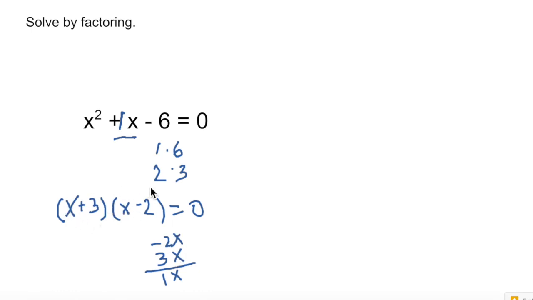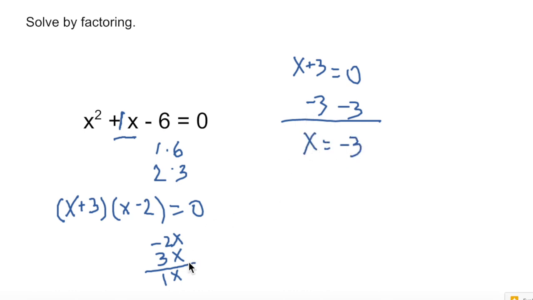So now let's solve for x. We now have a product of binomials. So x plus 3 equals 0. We subtract 3 on both sides. And we get x equals negative 3. And the other one is x minus 2 equals 0.